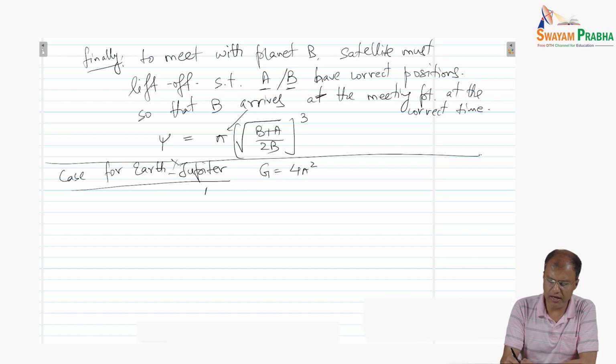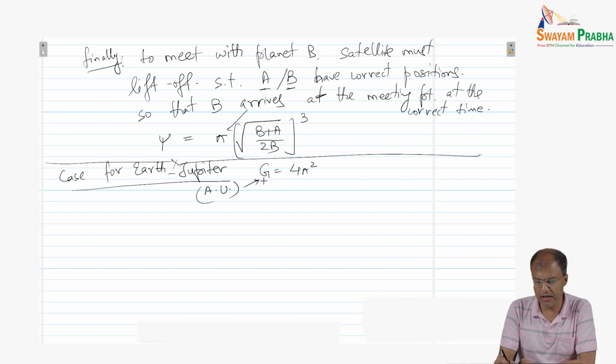Remember, we are working in astronomical units. So in astronomical units, the gravitation constant is 4 pi square. So the semi-major axis of the Earth is 1 astronomical unit, right? And that of Jupiter is 5.2 astronomical units.